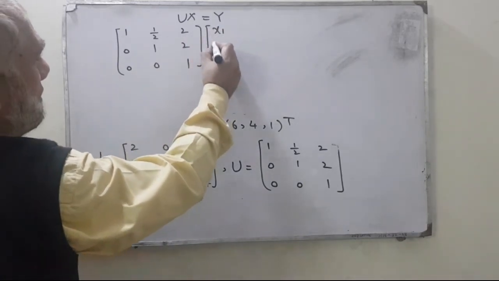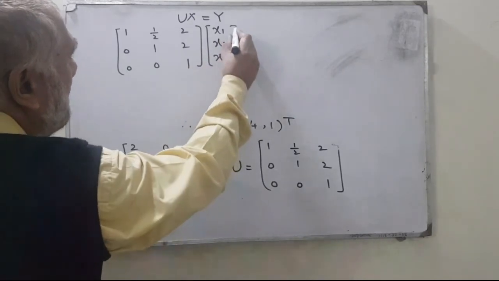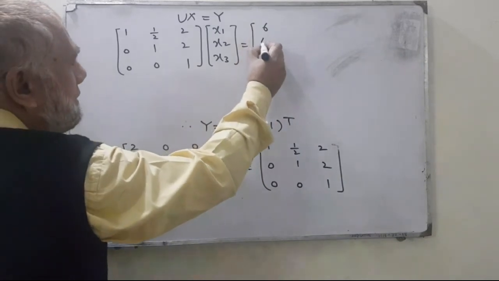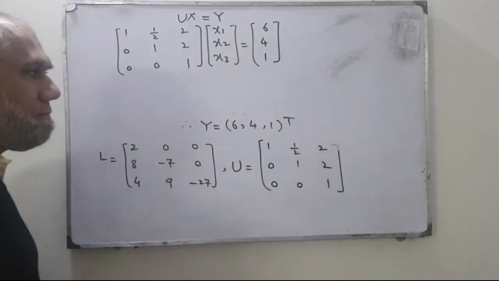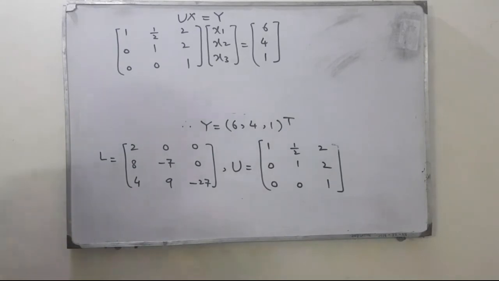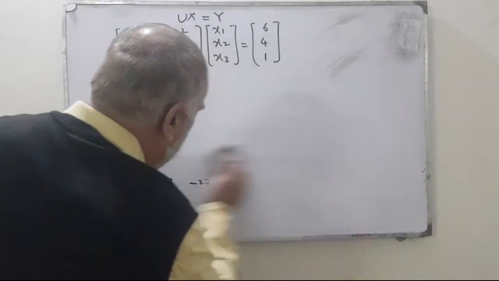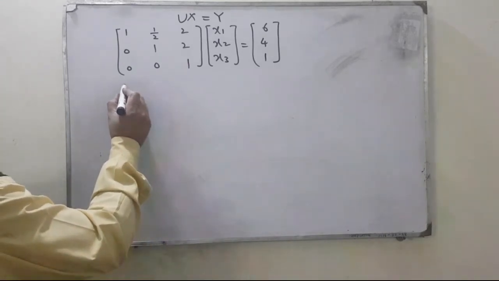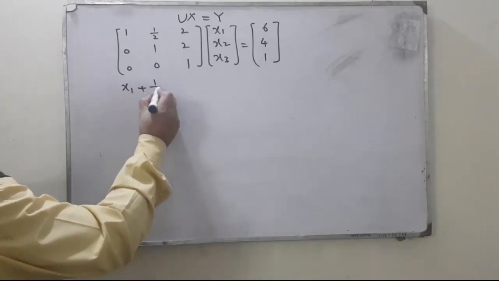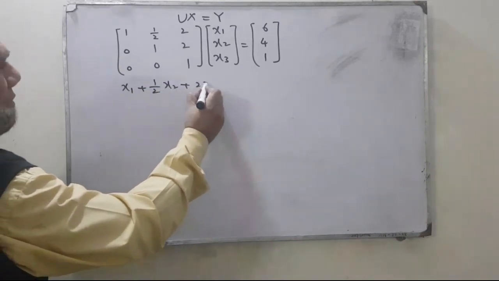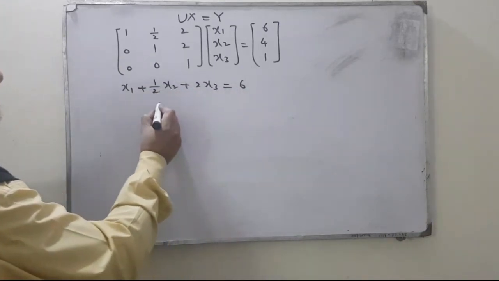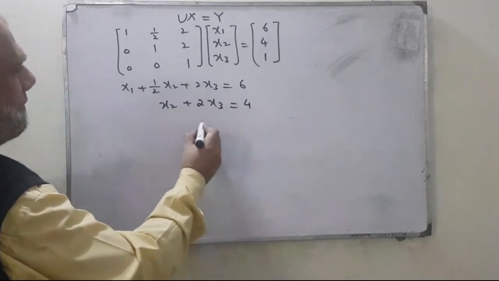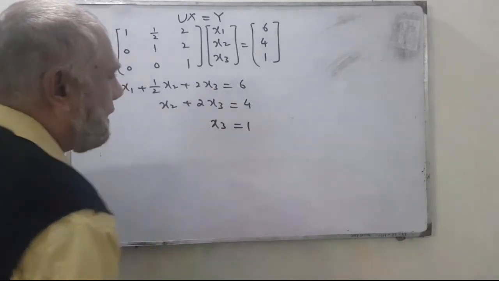Along with it we have the unknowns x1, x2 and x3, and on the right side we have y. Y is 6, 4 and 1. Now you have to write this matrix into the equations form. So we can write x1 plus 1/2 times x2 plus 2 times x3 is equal to 6, x2 plus 2x3 is equal to 4, and x3 is equal to 1.